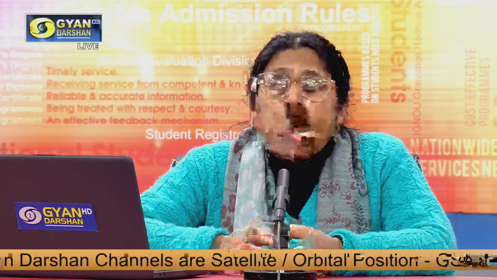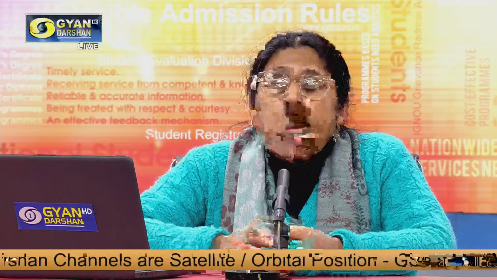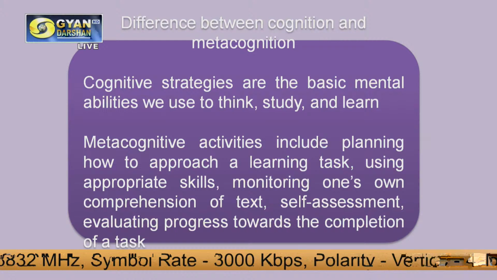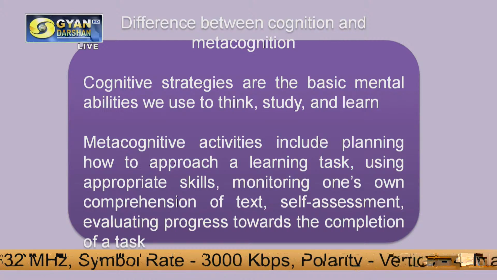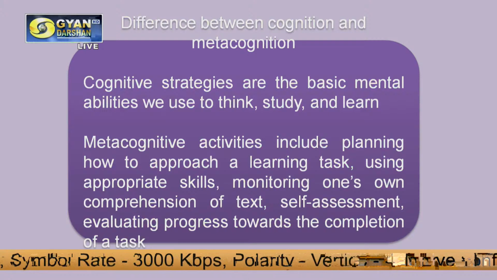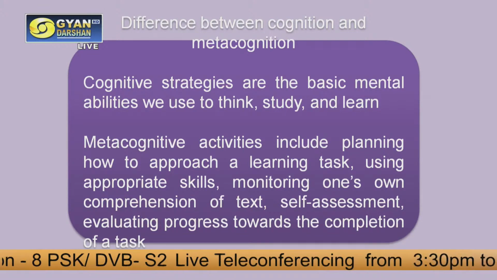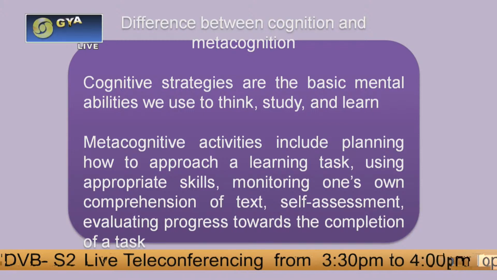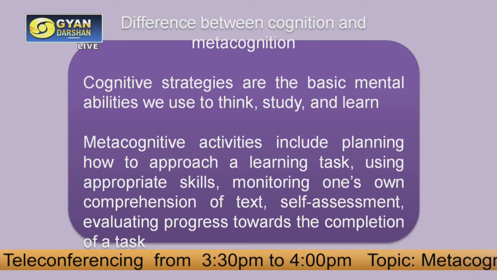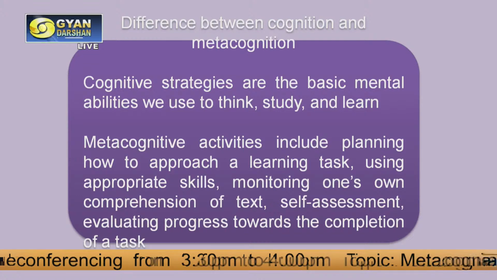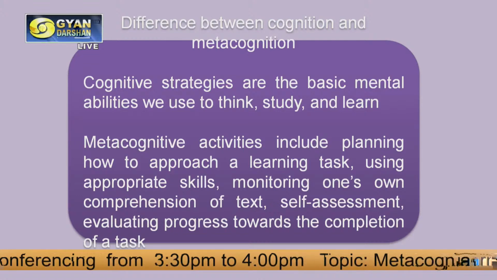Then it allows people to take charge of cognition. What is the importance? The cognitive strategies are the basic mental abilities we use to think, study and learn. And metacognitive activities include planning how to approach a learning task using appropriate skills, monitoring one's own comprehension of text, self-assessment, evaluating progress towards the completion of a task.